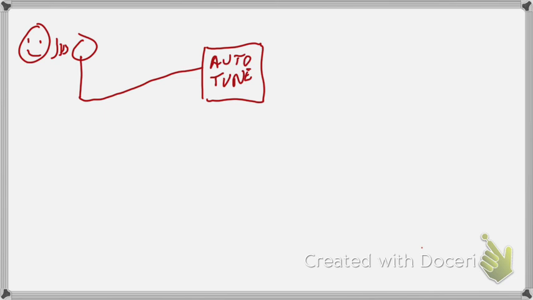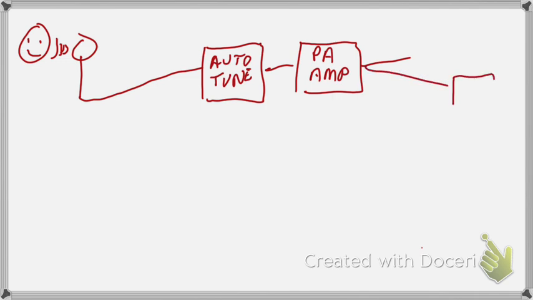The auto-tune unit takes the microphone's output, changes it into something pretty. Then what? Then it goes to a PA system, which is an amplifier. And then it goes out to speakers.